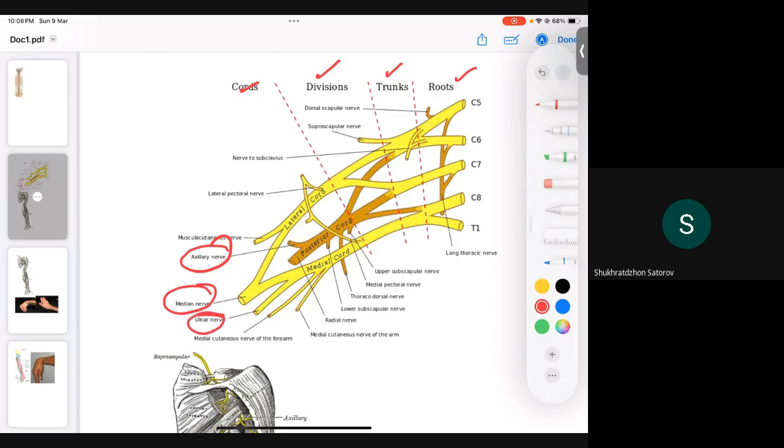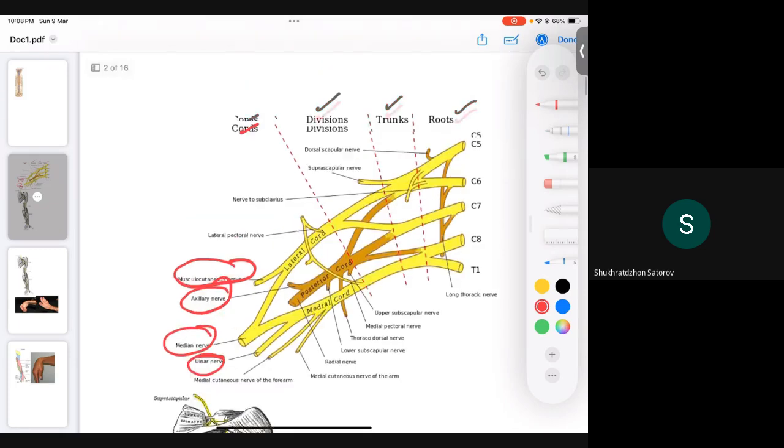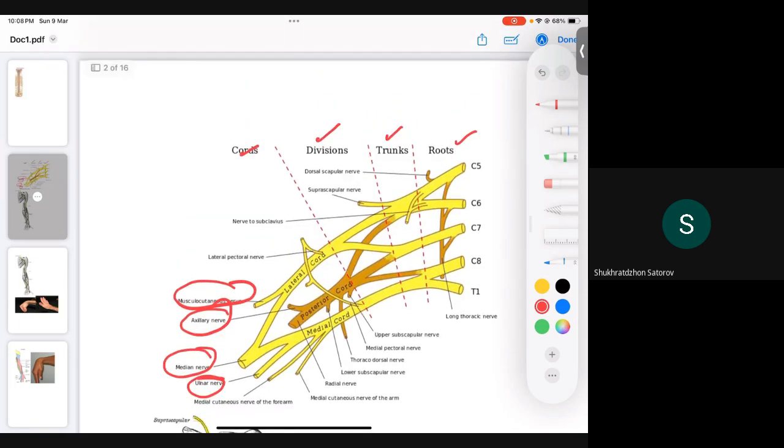We have the ulnar nerve, the musculocutaneous nerve, and we also have trunks, upper trunks and lower trunks. In certain conditions you can have rupture of these trunks, and then we'll have problems with certain nerves because they give rise to nerves as well. We'll be discussing that. So the first nerve we are going to discuss is the axillary nerve.